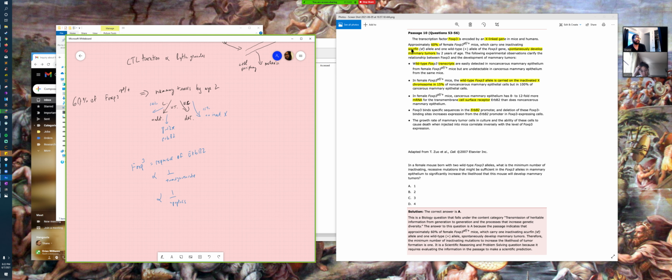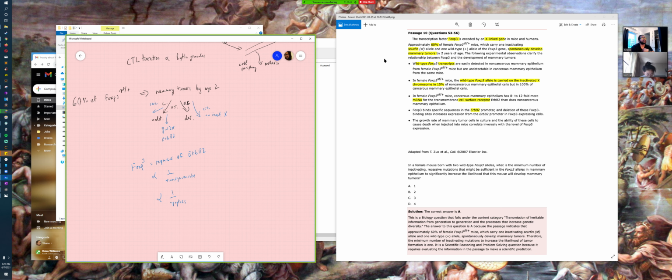Wait, scurfin, okay, is the inactivating one. 60% have one inactivating allele there.